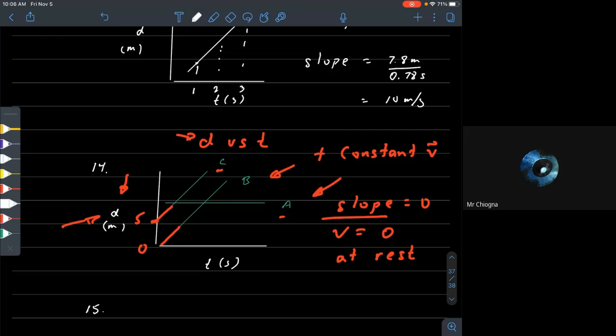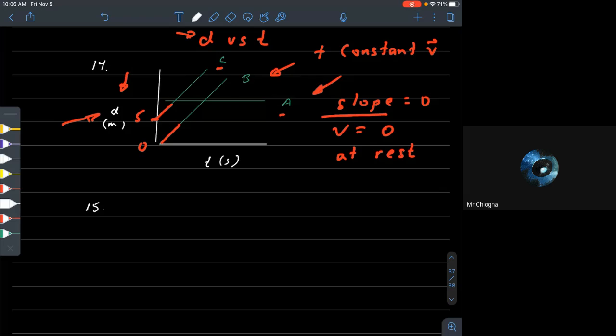Okay, 15. Just look over the graph, A, B, and C. Just take a look at that question. I'll draw the graph for you here.